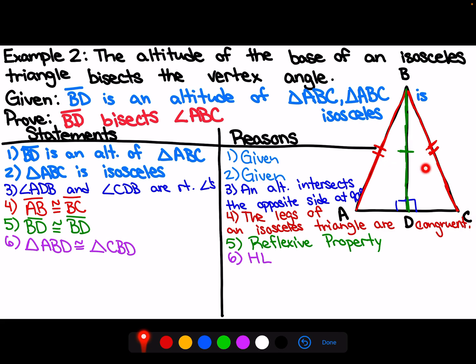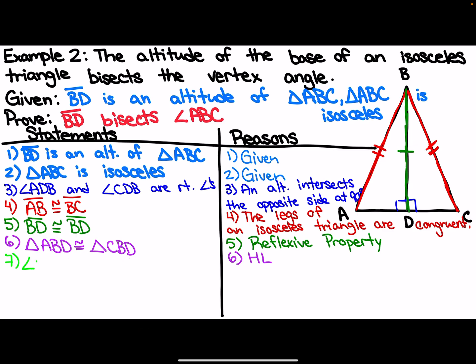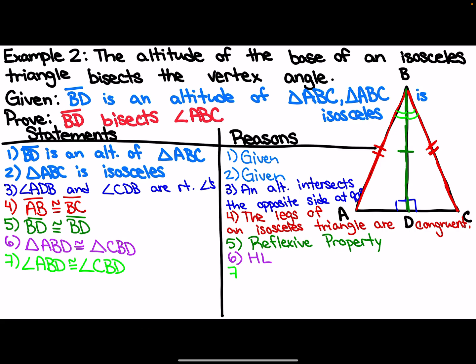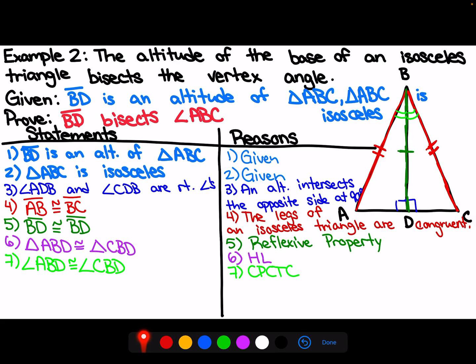Since the two triangles are congruent based upon statement number 6, I can say that angle ABD is congruent to angle CBD. Because if triangles are congruent, which we see in number 6, then the corresponding parts of those congruent triangles are also congruent. So those two angles, ABD and CBD, are congruent by CPCTC: corresponding parts of congruent triangles are congruent.